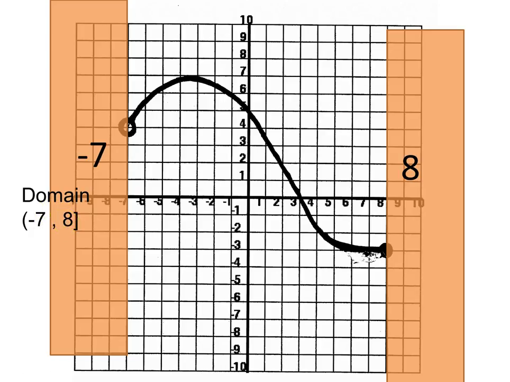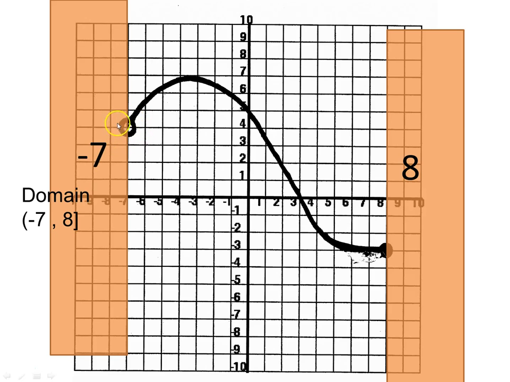Now let's go back to our idea of interval notation. Interval notation tells people where to start and where to end. So I'm supposed to start at -7 and end at 8. But I need to tell them something else. I need to tell them if -7 is part of the answers. Well, if you look right up here, there's an open circle.